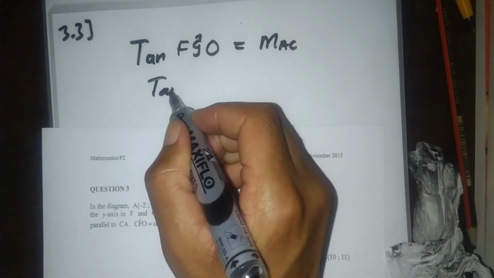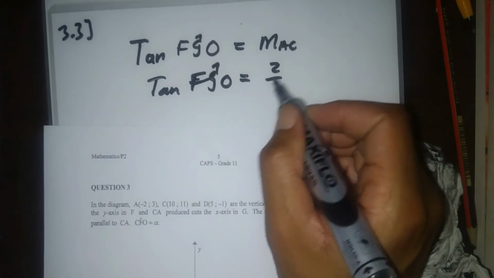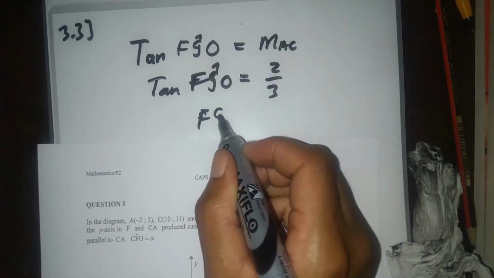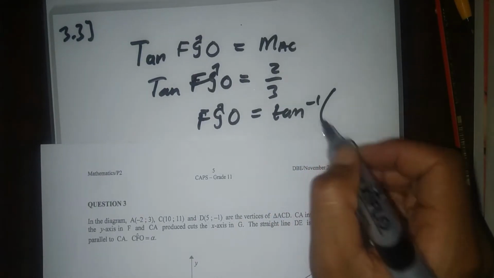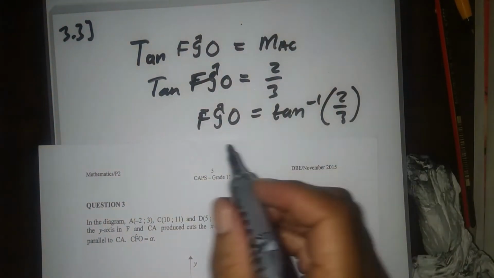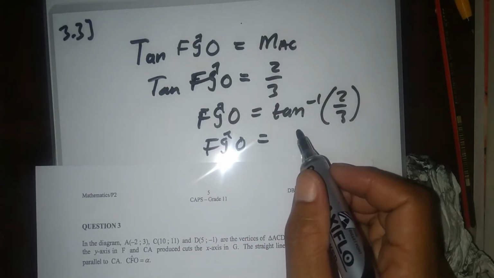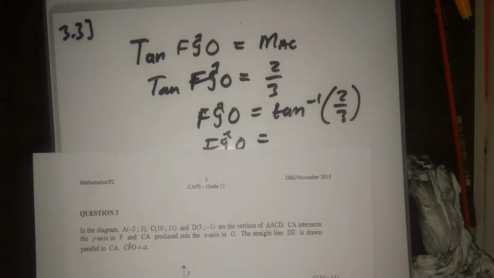So tan FGO is equal to 2 over 3. So you calculate the gradient, and then FGO is equal to tan minus 1 of 2 over 3. We calculate it on the calculator again.